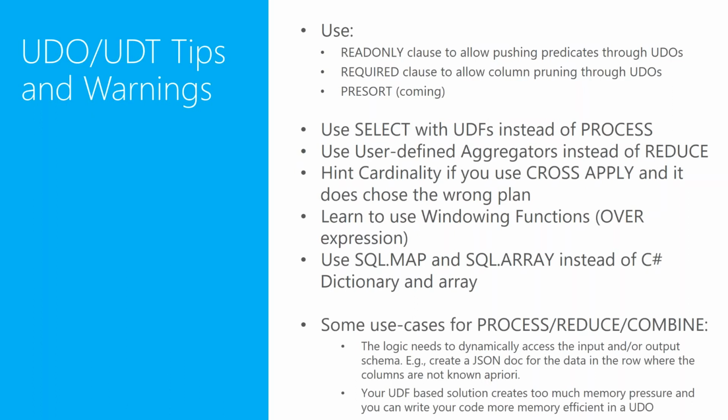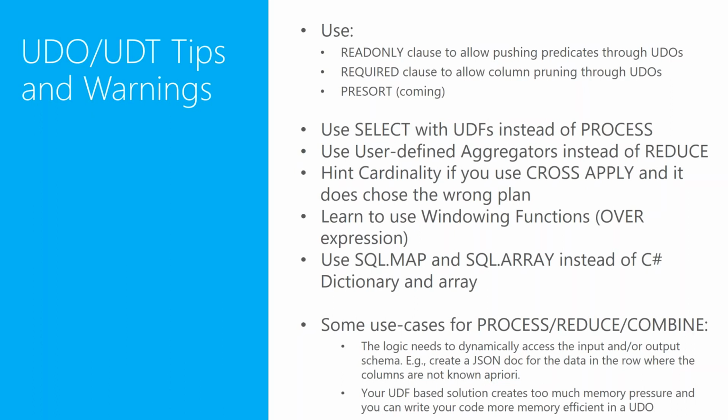Now, why did we introduce those special cases? Well, there are a couple of things that you can't do with any of the solutions that I just mentioned. For example, if you dynamically need to access the input and output, like creating a JSON document for the data in the row where the columns are not known a priori, or where your UDF-based solution creates too much memory pressure and you can write your code more efficiently regarding memory inside a UDO.